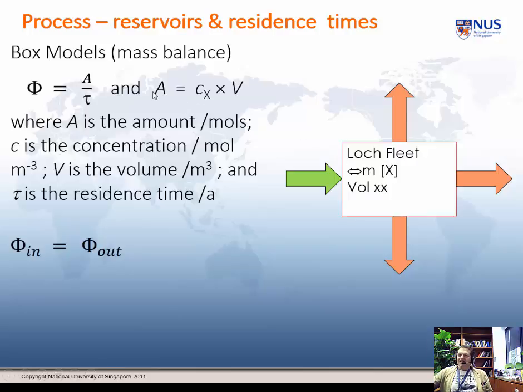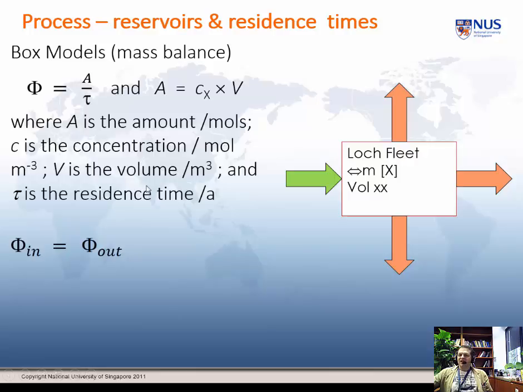A is an amount, it's concentration times volume. If we're thinking just of the amount of water maybe, then that's fine. So the flux, evaporation, is the amount in the reservoir divided by the residence time in the reservoir with respect to, in this case, evaporation.